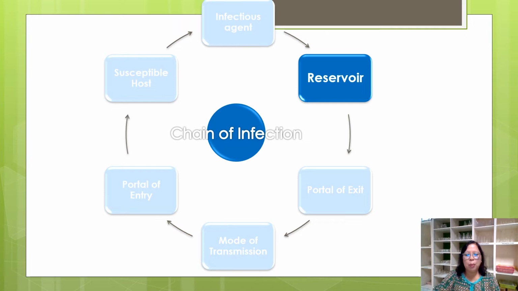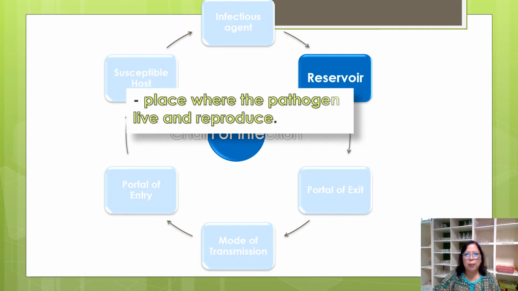And then the reservoir. What do we mean if we say the reservoir of microorganism? It is actually the place where the pathogen lives and reproduces. So all of us are probable reservoirs.